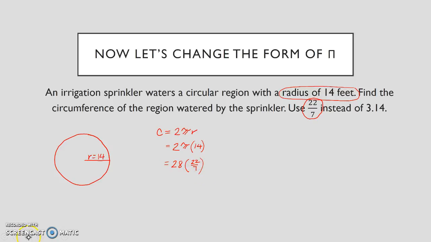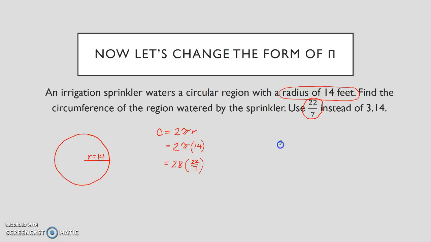So one thing you should know is that they will tell you when you are using 22 over 7 for pi, and they will only tell you that when your radius or diameter are a multiple of 7, which means it's 7 times some number, or it can be divided by 7.